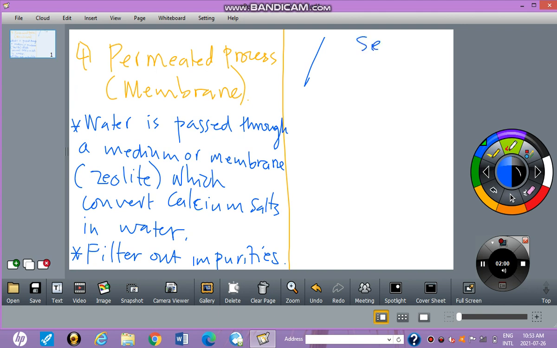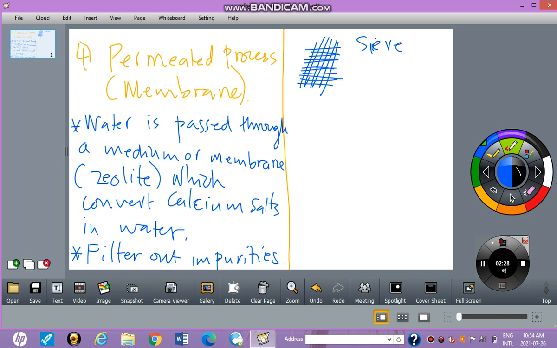Something that looks like that, and then like that. If these spaces are very small, at the micron level, all the metal salts will precipitate on the what? On the membrane.